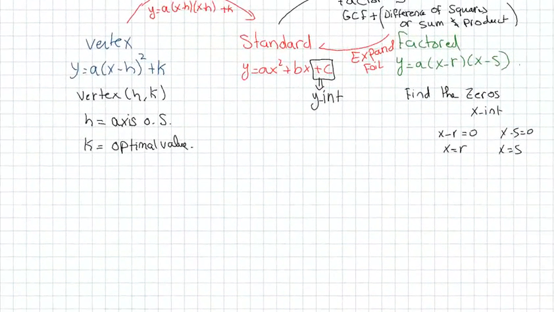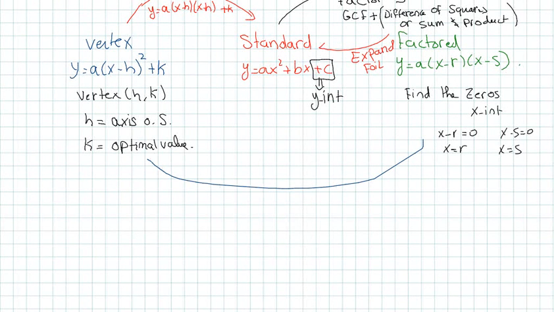So, to go from here to here, I have to find the zeros. Find the axis of symmetry by adding the 2 zeros and dividing by 2.